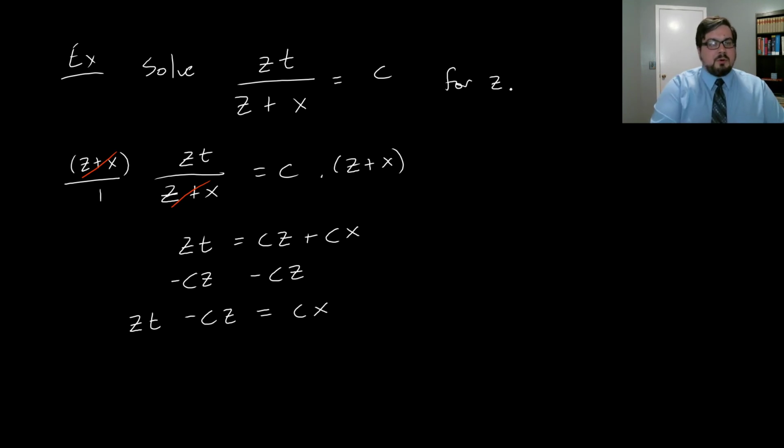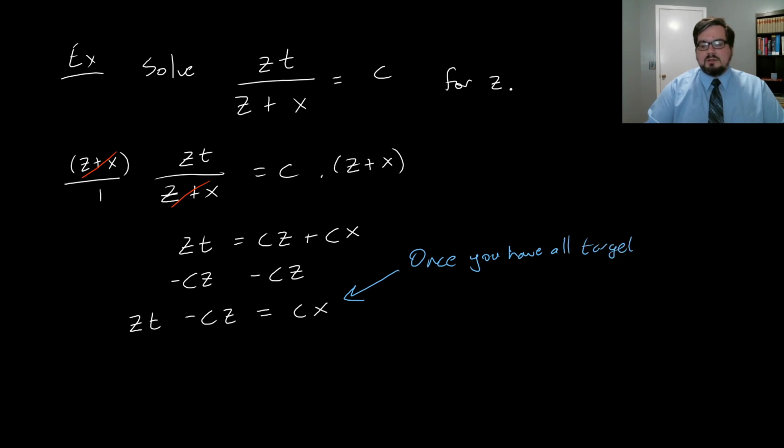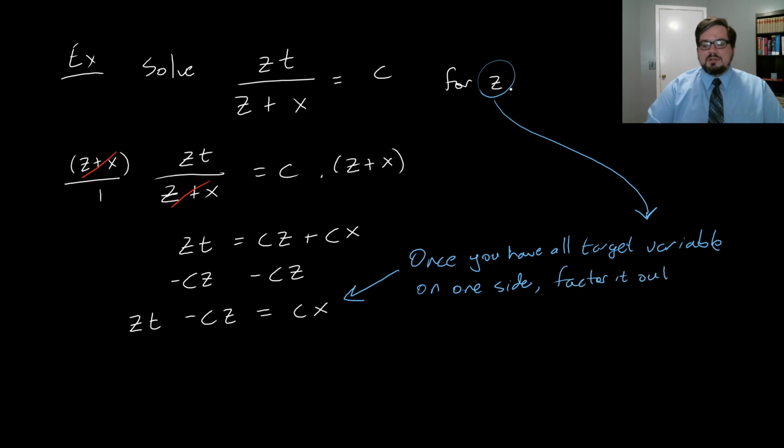So it's important here that once you have all of the target variable, by target variable I mean the thing that you are solving for, once you have all of the target variable on one side, you want to factor it out of that side.